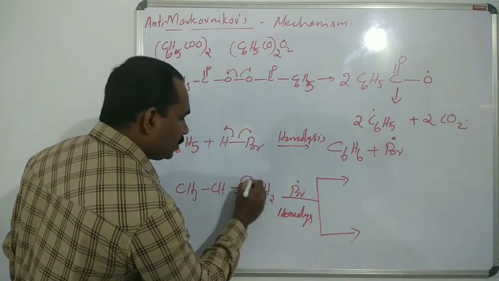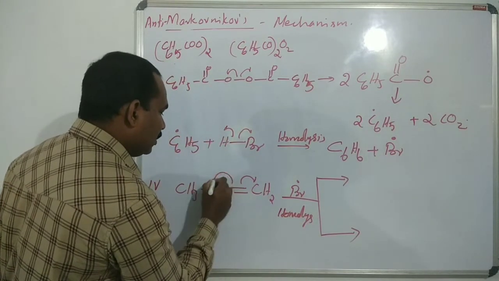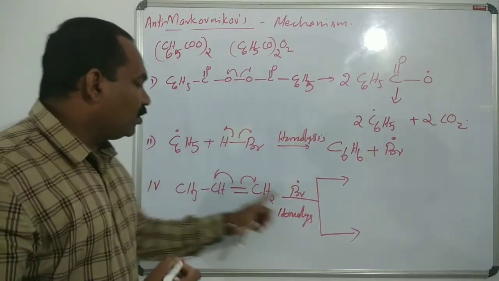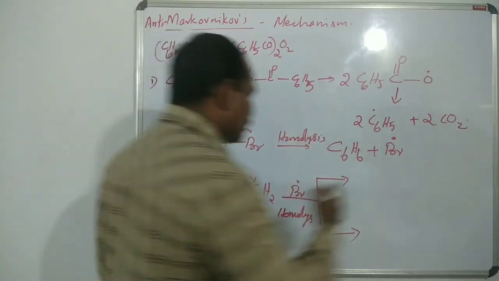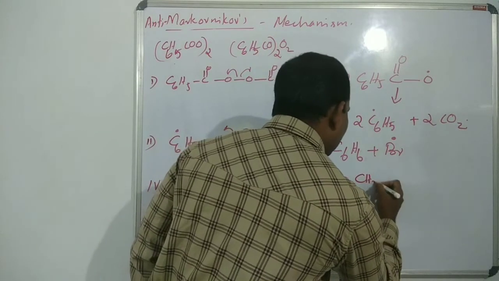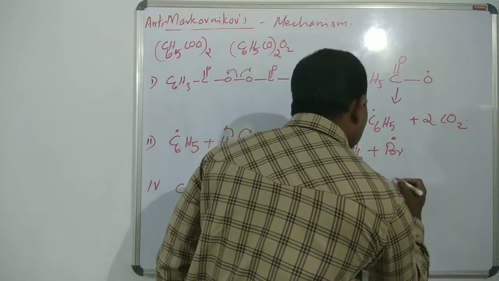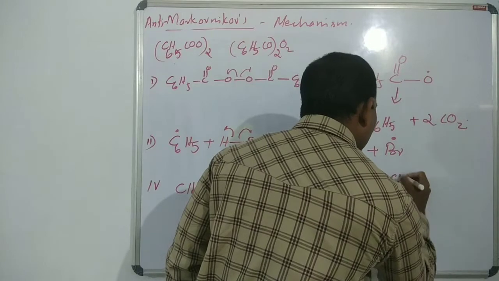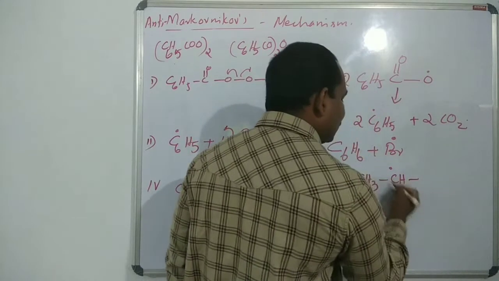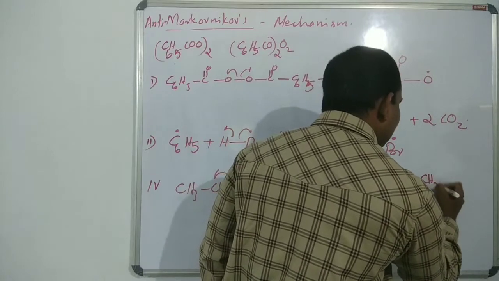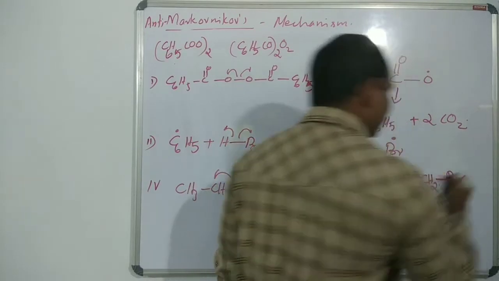Homolysis comes into this area. Free electron. So homolysis will make two free radicals, two alkyl free radicals. One is CH3 CH free radical, then a CH2 Br.